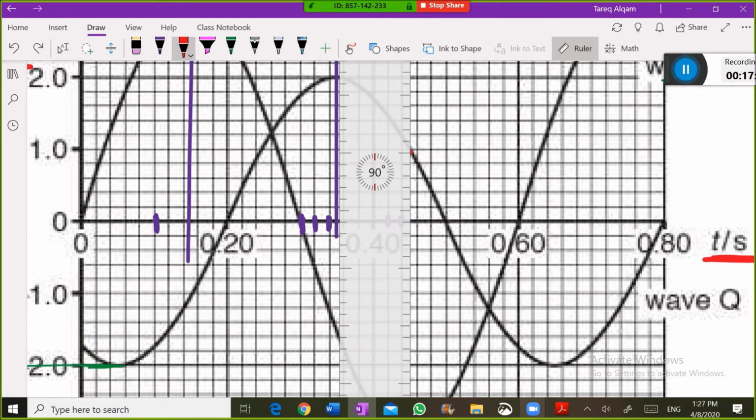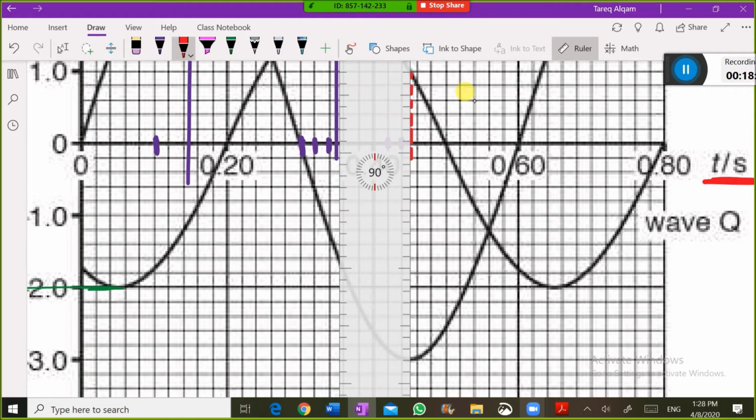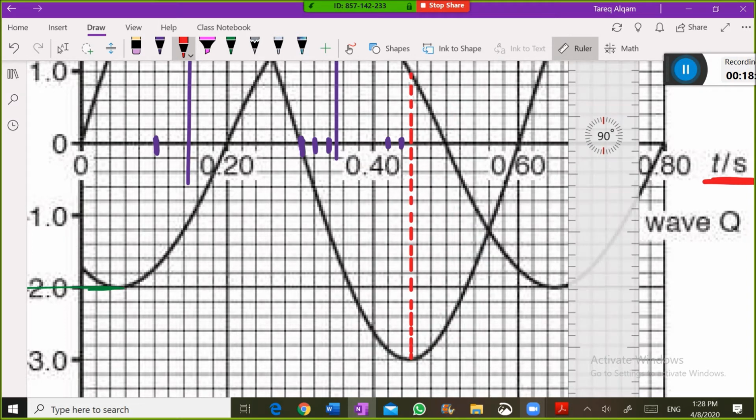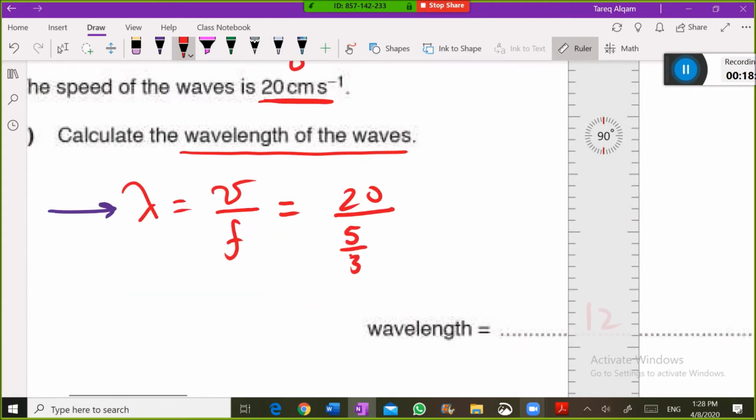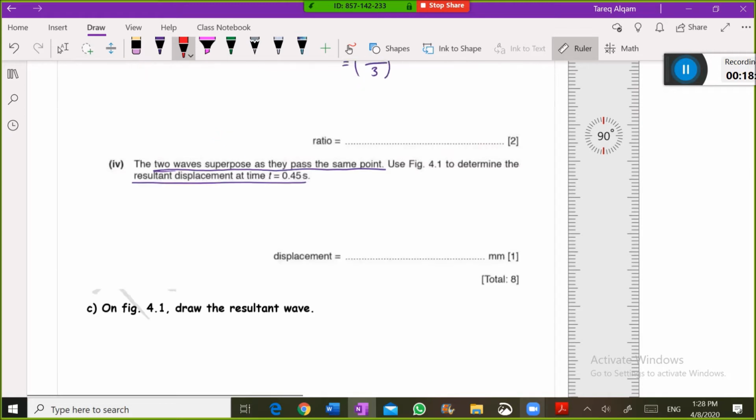This is the displacement of wave Q. This is the displacement of wave what? P. Okay. So a resultant displacement, guys, as we mentioned before, is the displacement of P plus the displacement of what?